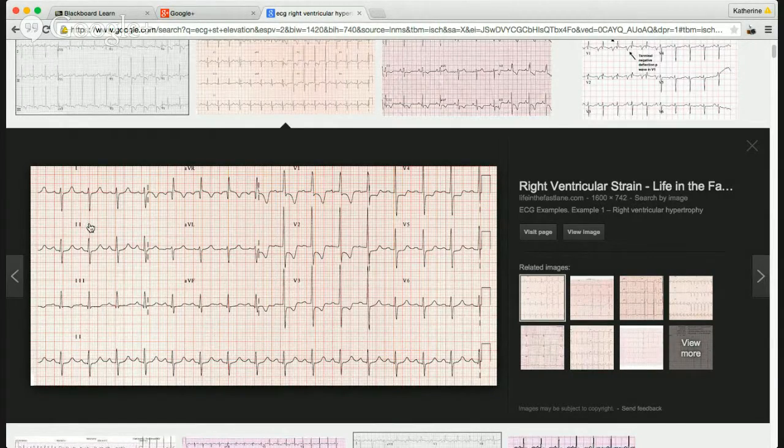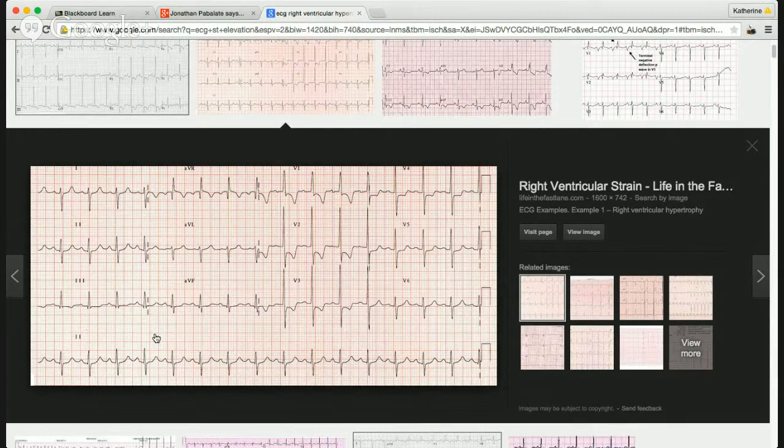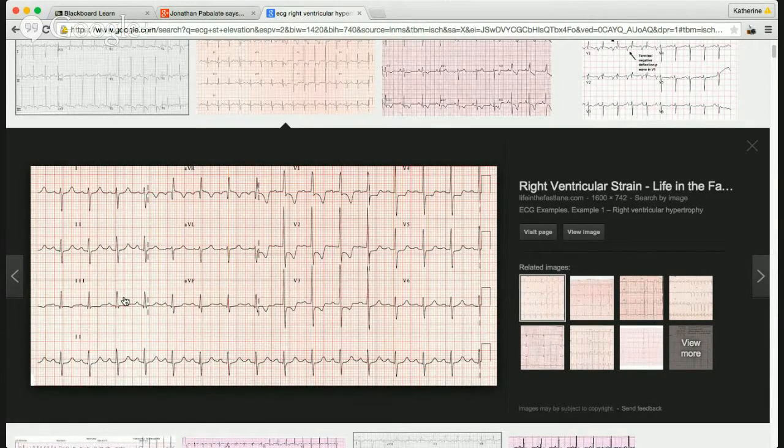There is a P wave for every QRS and a QRS for every P. The PR interval is less than 0.2. The QRS is less than 0.12. So we have sinus or sinus tach. It's 100, so it would be sinus tach.